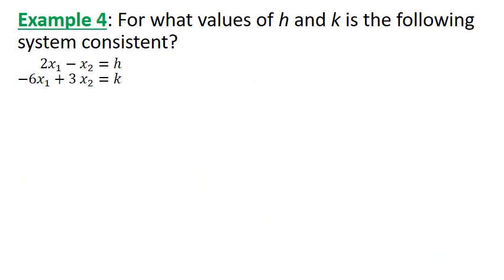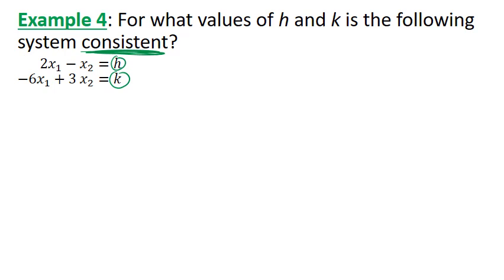This is the last type of problem I want to show you. And this one's a little bit different because now we have some variables involved. I want to know for which values of h and k will make this system consistent. Okay, so that means I do not want no solution.